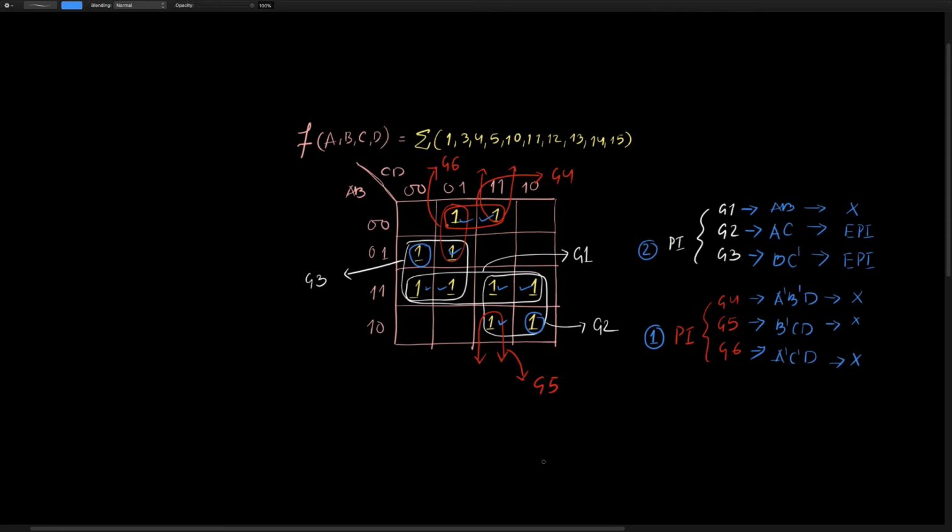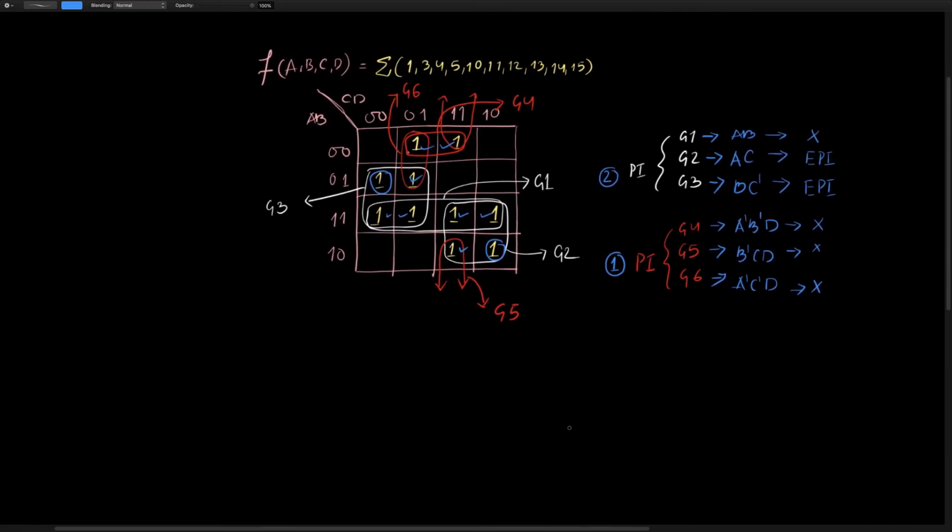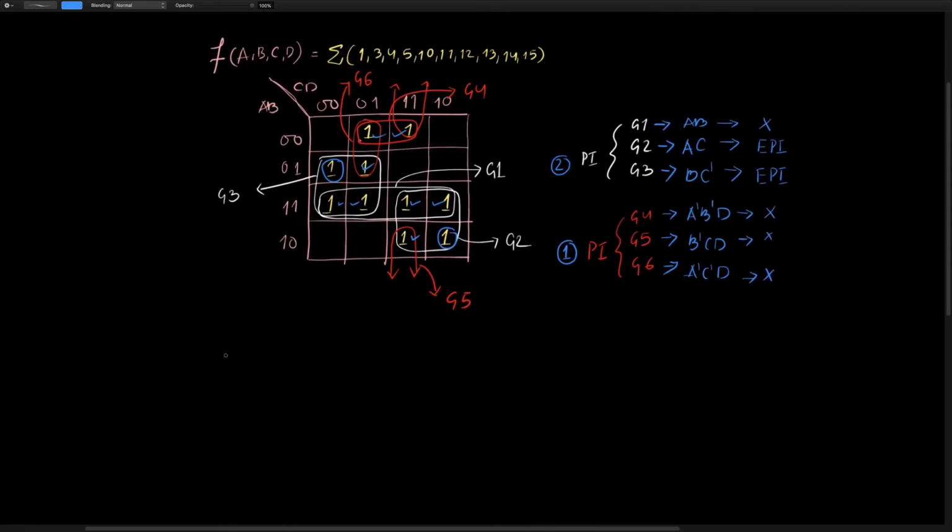Okay, so according to your previous formula, the solution to the question would be your essential prime implicant solutions, which are mandatory, that is the solution to group 2 and group 3, plus the rest of the groups which contain all the rest of the ones.